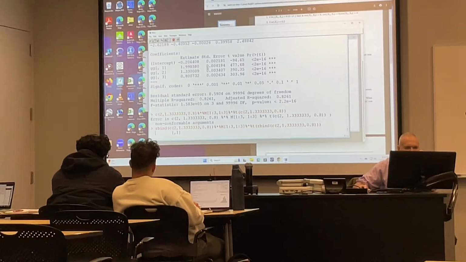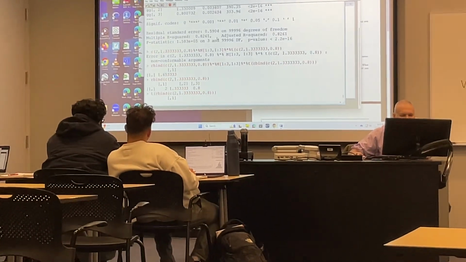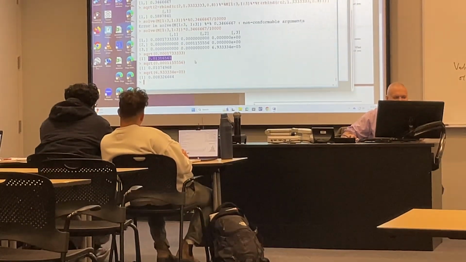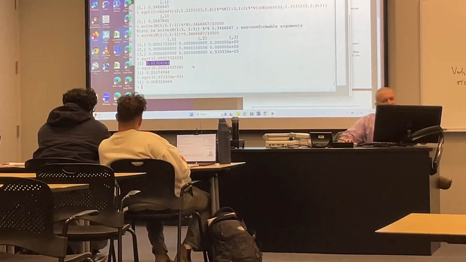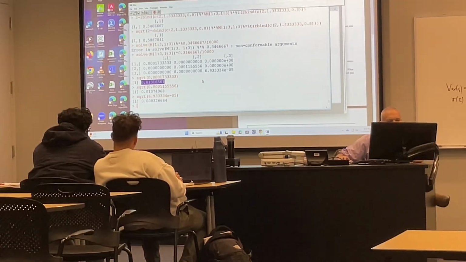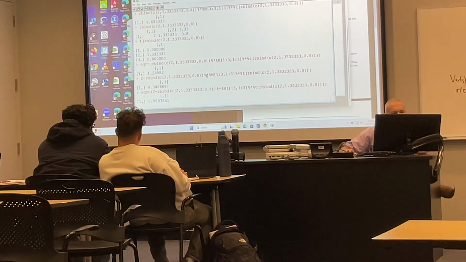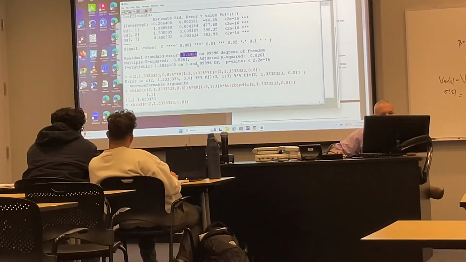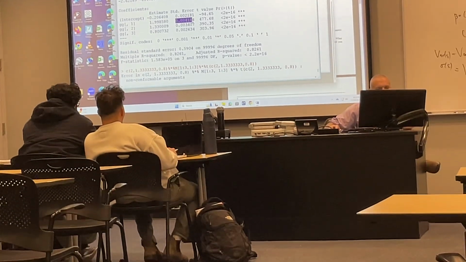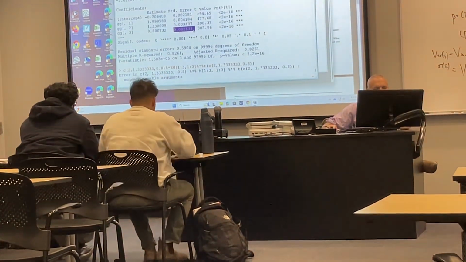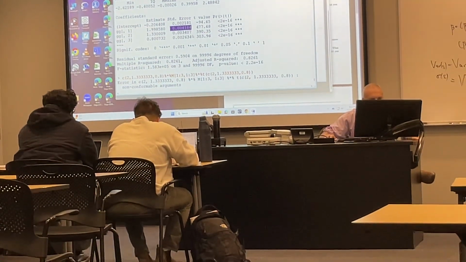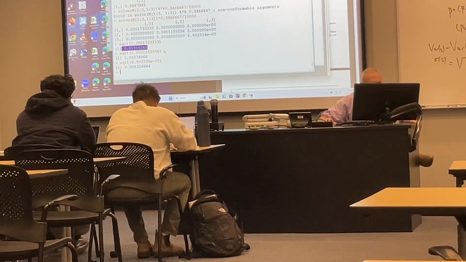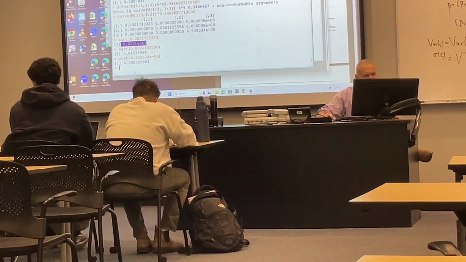So the first one was 0.014. Am I right here? Did I screw it up? This should be correct. This is the residual standard error, and I'm actually looking at this, this, and this. I don't like 0.031. What is 1, 3?